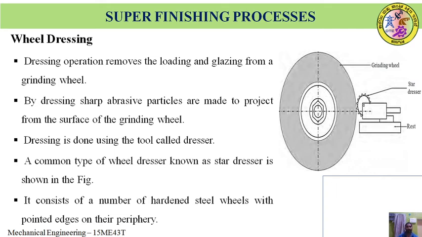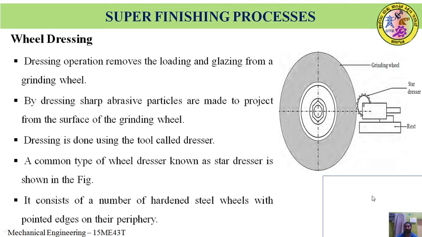So by dressing, sharp abrasive particles are made to project from the surface of the grinding wheel so that they will remove the material from the workpiece. The dressing is done by using a tool known as a dresser.